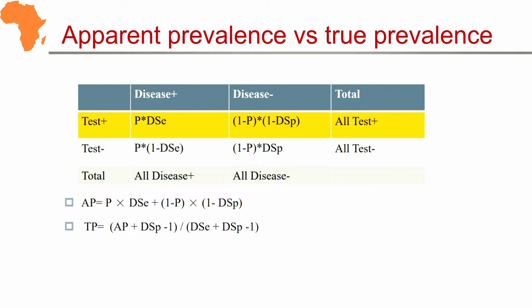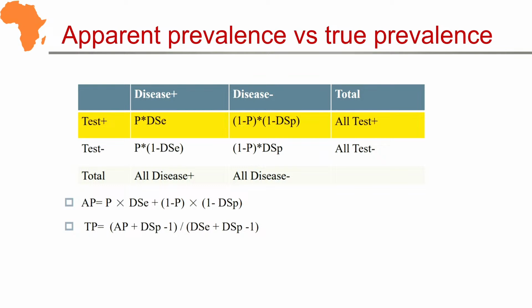Sindio? Yeah. Disease negative, we are interested in specificity. The true negatives are 1 minus prevalence times specificity. On this other side is the probability of not being a true negative. So 1 minus prevalence, 1 minus specificity.